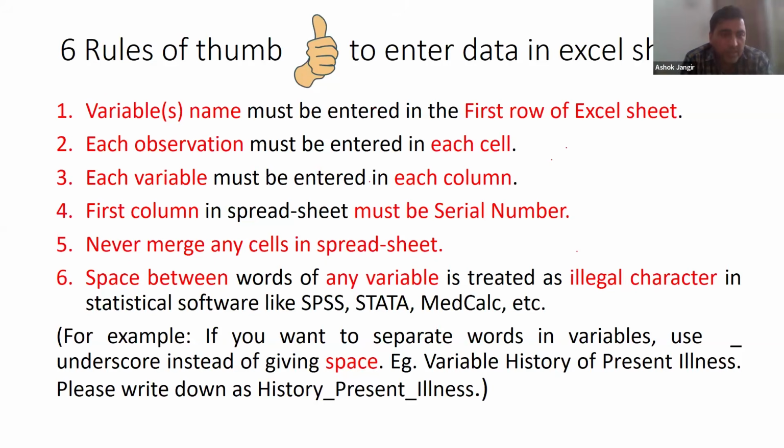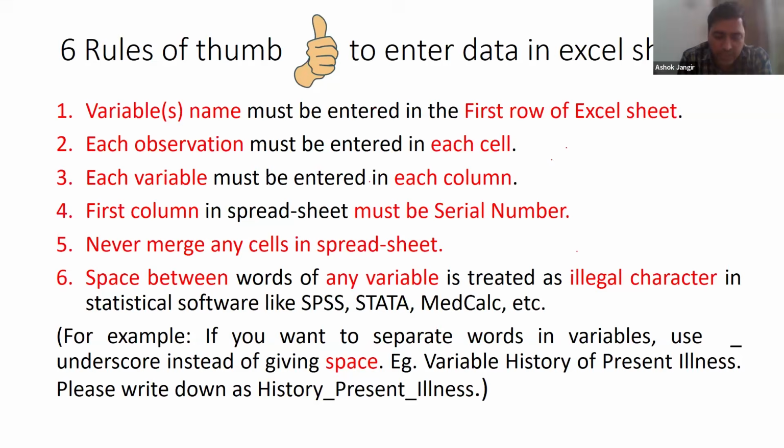These are some basic principles we have to remember while entering data into an Excel sheet. Number one: variable names must be entered in the first row of the Excel sheet. Please remember, variable names must be entered in the first row.